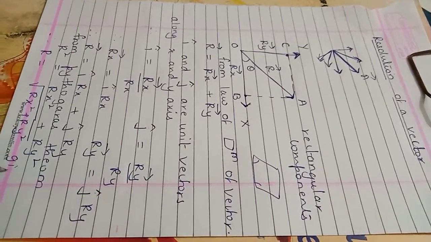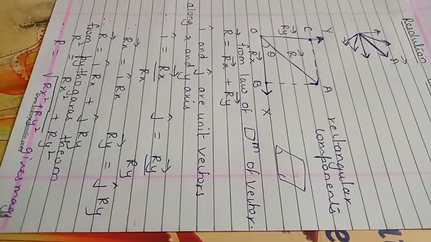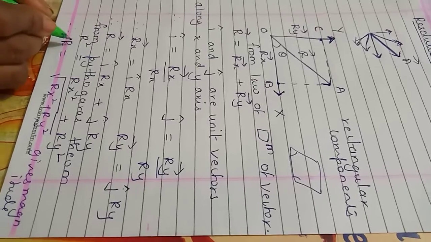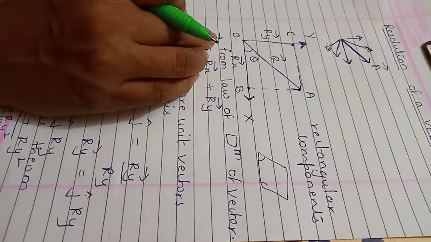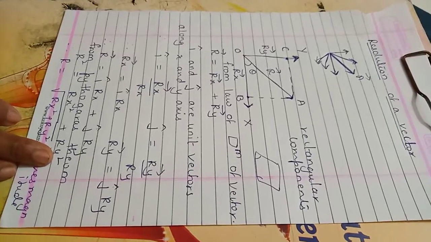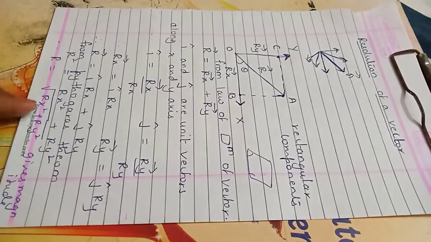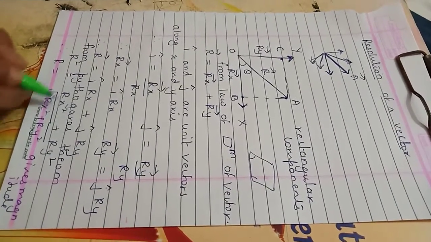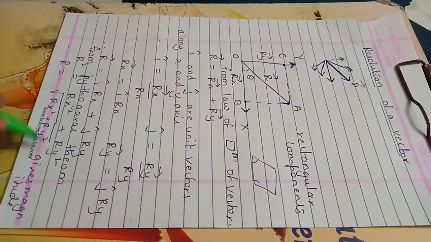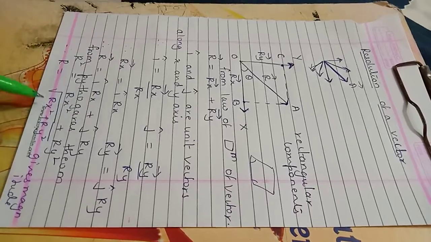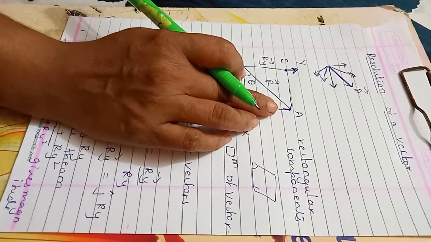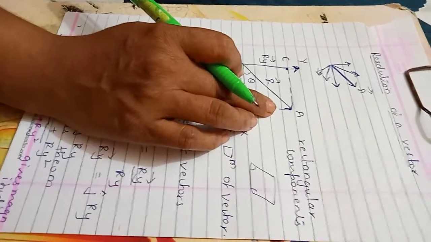Gives the magnitude of the vector R. Means if you don't show an arrow here, and you apply the Pythagoras theorem, you are very much aware that R square is equal to Rx square plus Ry square. To be more precise, if you want it in terms of vector, you can write it like this. If you take only the magnitude, it is the square root of Rx square plus Ry square. You know, this is the very important magnitude of the given vector R. Magnitude of the given vector R.